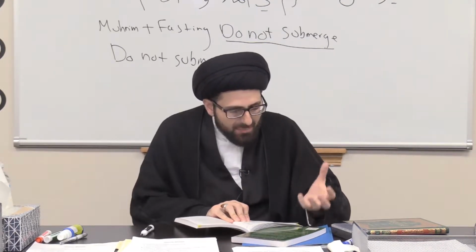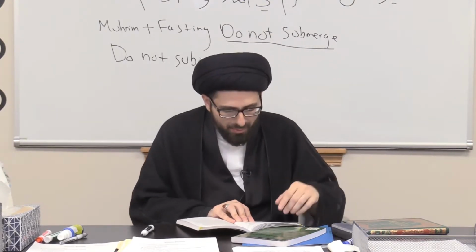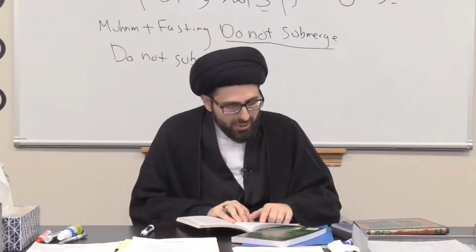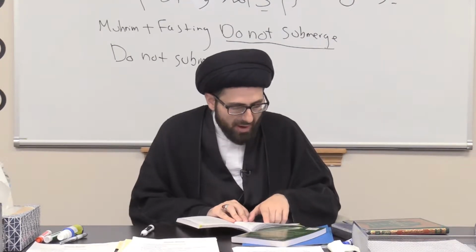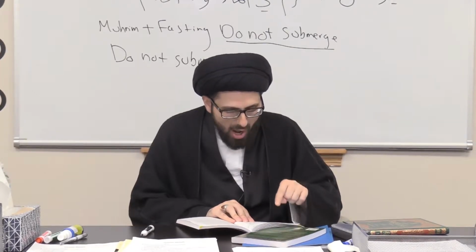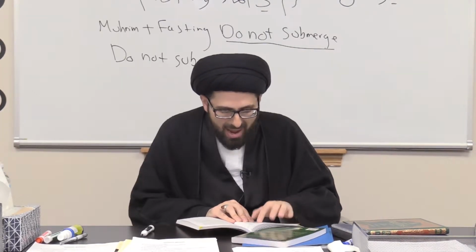Why? Basing himself on a tradition narrated by Ali ibn Mahziyar, in which he defines the types of property that are subject to khums. You have to pay khums on what types of property. The tradition by Ibn Mahziyar specifies that khums is not to be levied on an inheritance passing from father to son.